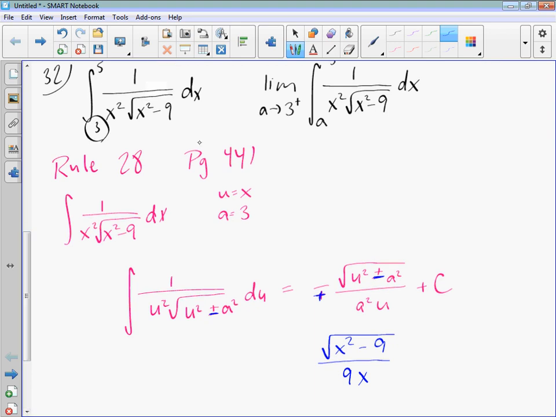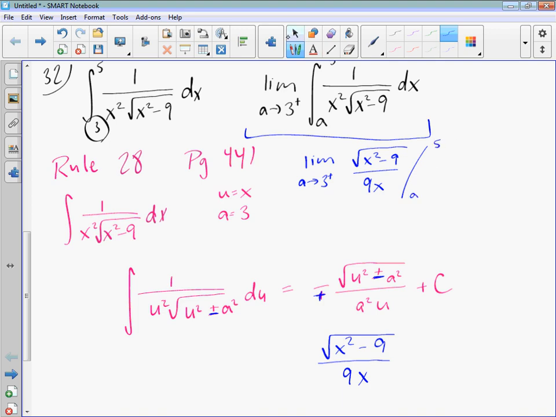No, because I'm going to be using this stuff up here, right? So I've got this right here, which turns into limit as a goes to 3 from the right. And I've already taken the integral, which turns into this. So I've got the square root of x squared minus 9 over 9x. And I'm taking that from a to 5, is that right?